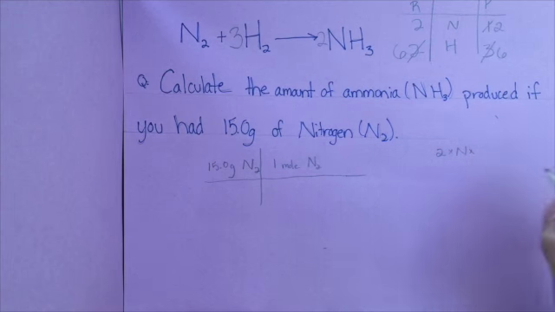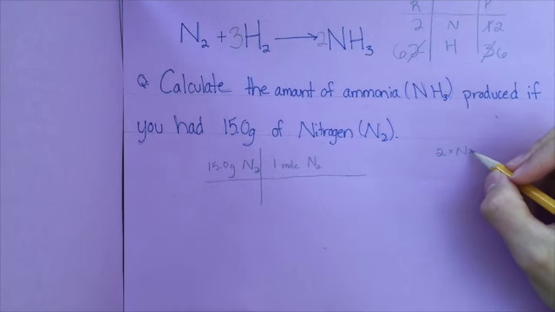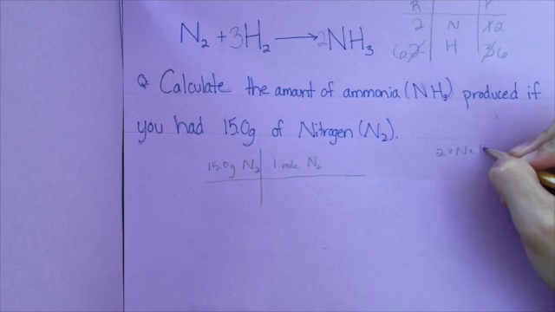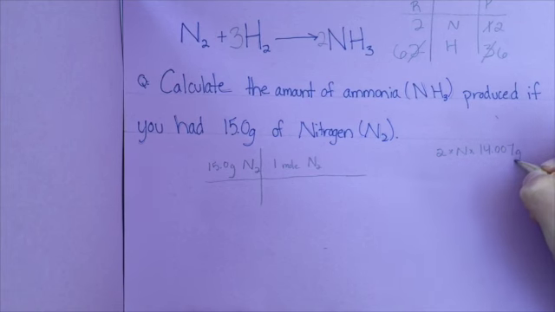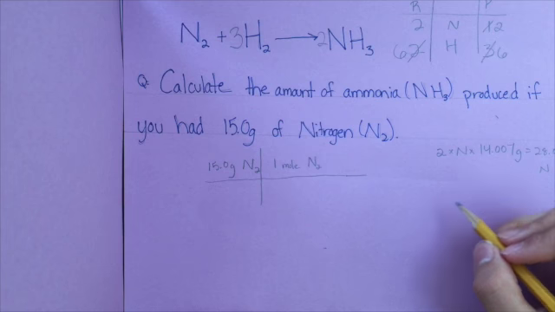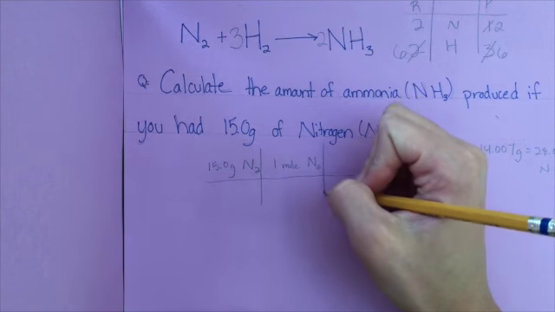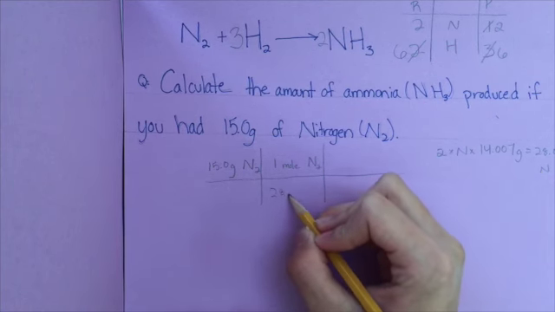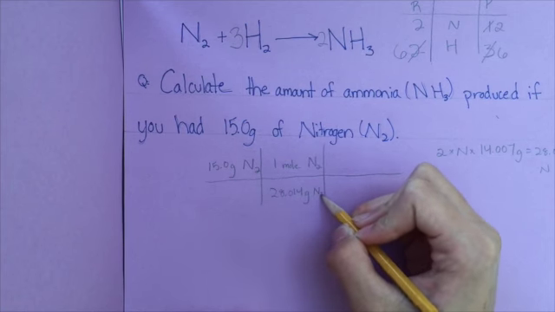And the amount of nitrogen we have is 2 times 14.007 grams to get 28.014 grams of nitrogen. Nitrogen's all they ask for. So, in 1 mole of nitrogen, you have 28.014 grams of nitrogen as well.